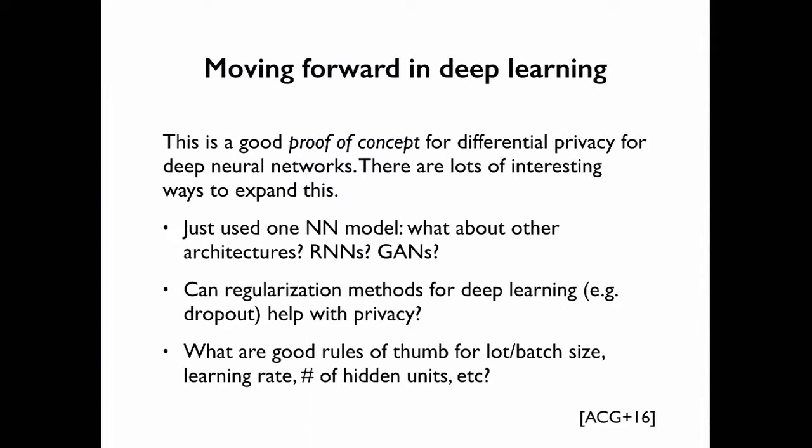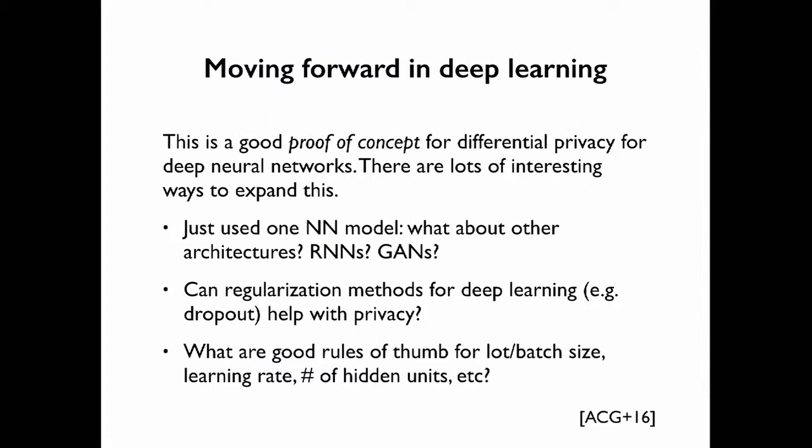For example, this just looked at a standard neural network. Are there better architectures, for example recurrent neural networks or GANs? There has been some recent work on arXiv on some of these architectures, but getting them to work almost as well as non-private deep learning still remains an open question.